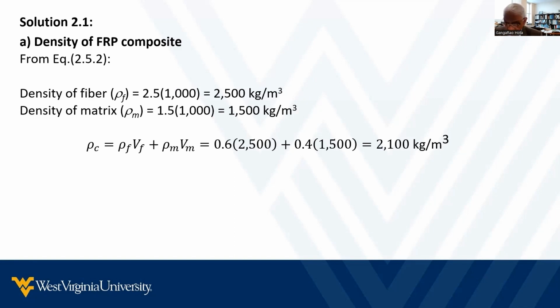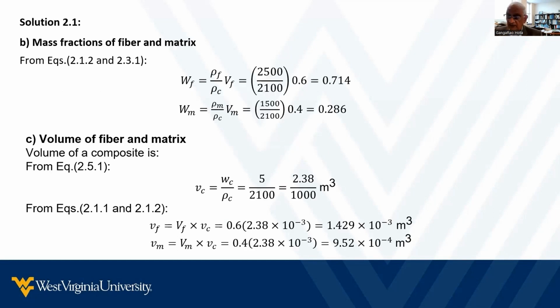Typically, glass composite specific gravity is around 2.1. And in imperial units, the composite's density is around 120 pounds per cubic foot. So that gives you an idea.